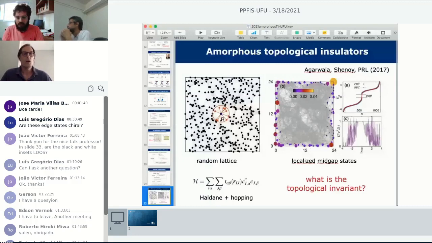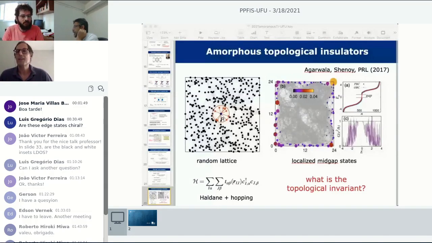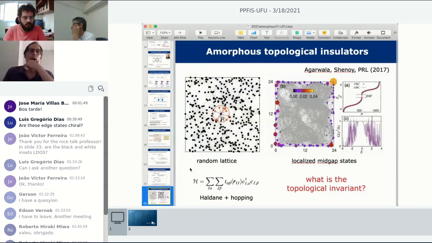Caio, just one more question. You mentioned that the Hamiltonian is loosely defined there. If you change the parameters in a way that you are no longer in a non-trivial phase, does this quantized conductance disappear? Do you see a topological phase transition?